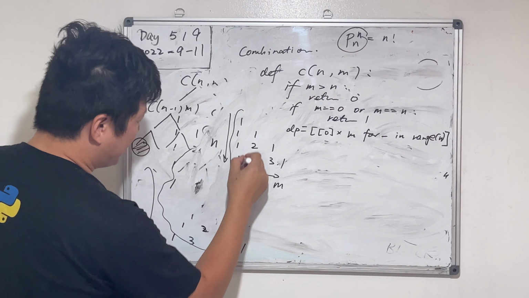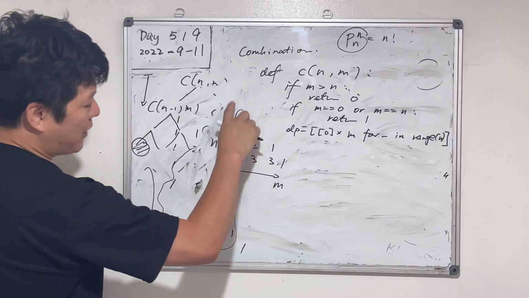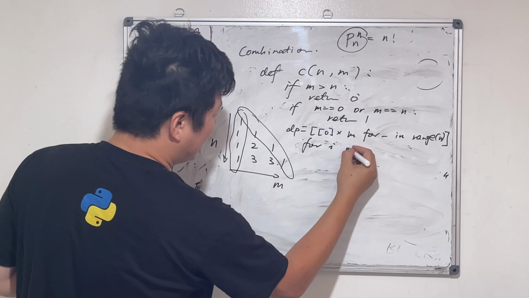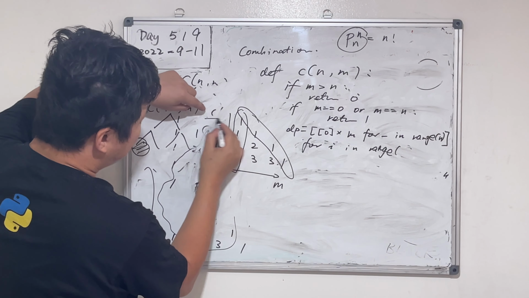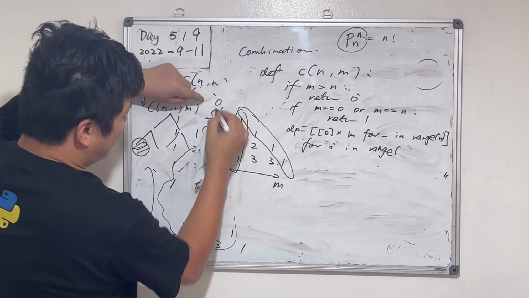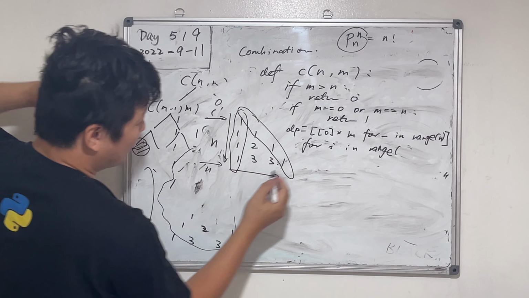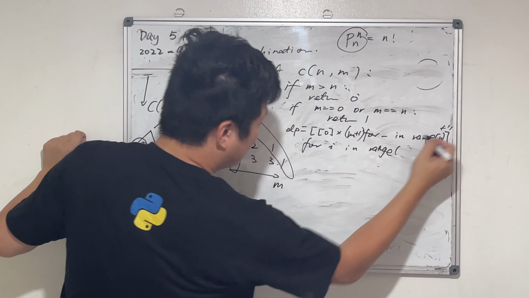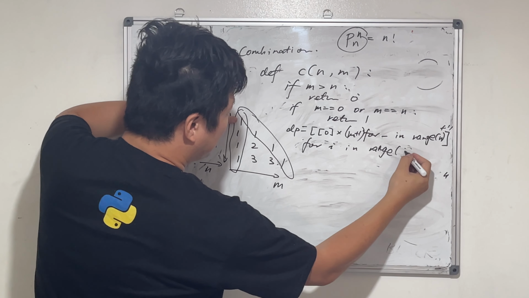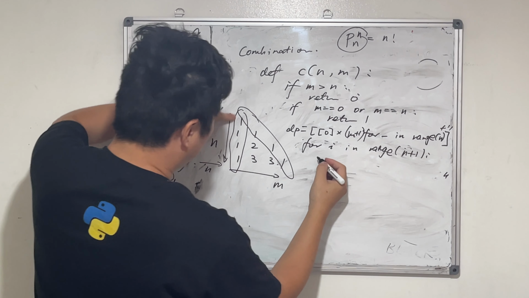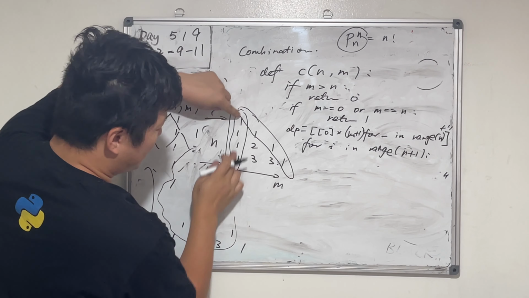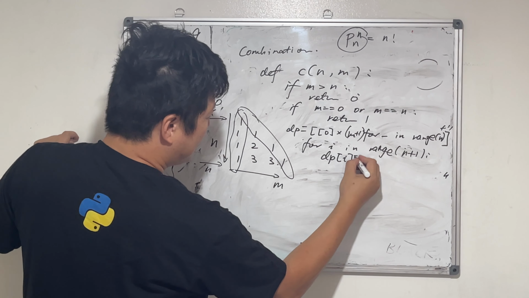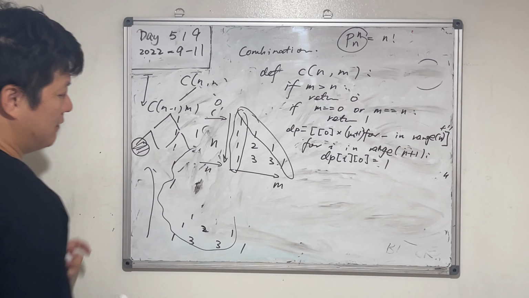Look, these values we know. We don't need to calculate them. This is the boundary value. For i in range. Let's say the first one is 0 and the last one is n. So actually this is n plus 1, and m plus 1. The row number goes from 0 to n plus 1. So we want to prefill this column, which is dp[i][0] equals 1.